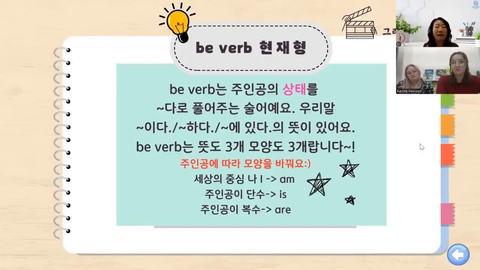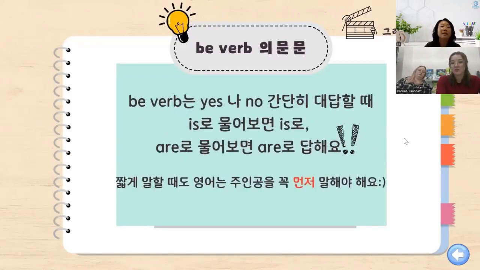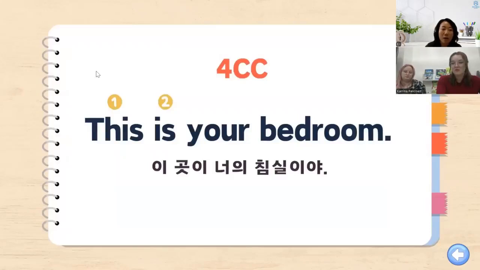And then after this part, there's the question sentence, and then the yes and no answering sentence, and anyway, after those, when they have this sentence, it kind of comes together.